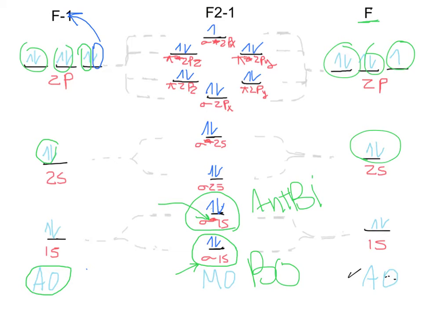So how are we going to be adding the electrons in these two orbital levels? We're going to be adding one electron from each atom at a time, one from the left and one from the right. The second level, the 2s, is just the same as the 1s.